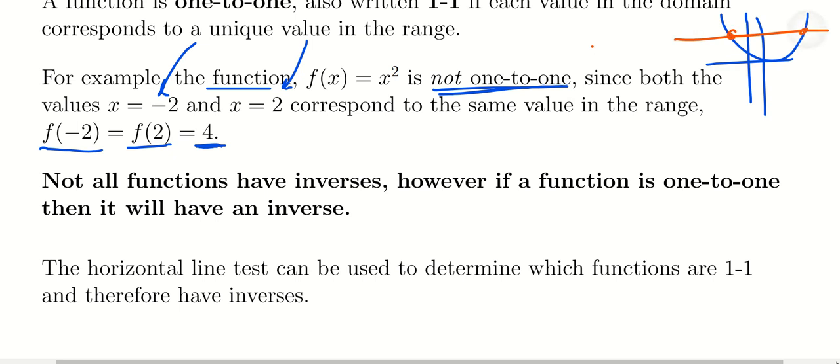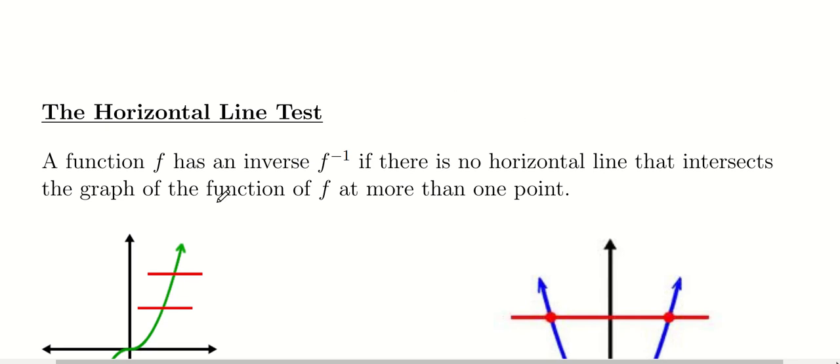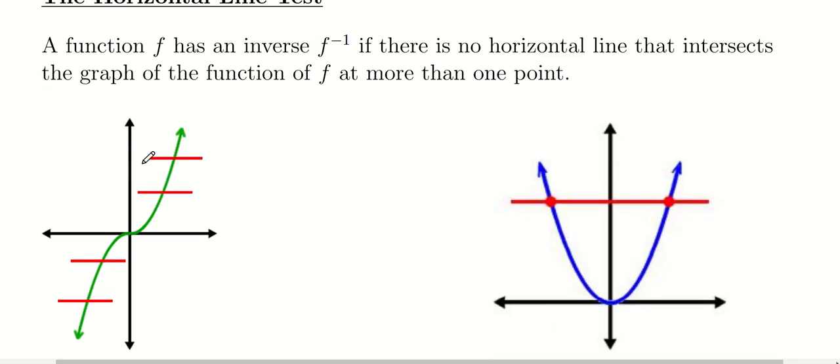The horizontal line test can be used to determine whether or not a graph of a function is one-to-one. If each horizontal line intersects the graph in at most one point, then the function would be one-to-one. So for example, this kind of graph here, which looks a little bit like x cubed, no matter how many horizontal lines I draw, each horizontal line intersects the graph in at most one point, and that means that this graph would be that of a one-to-one function.